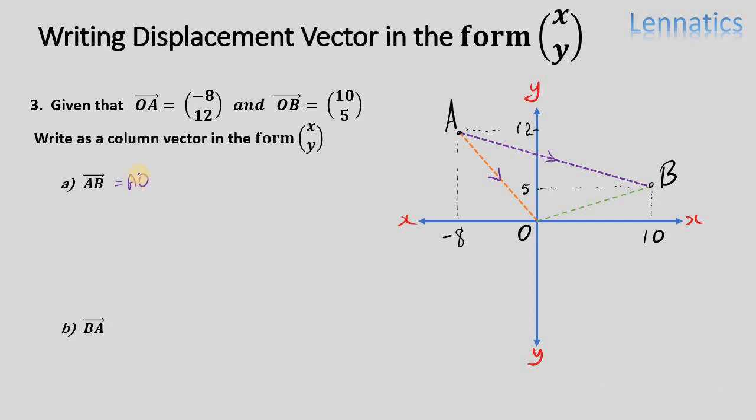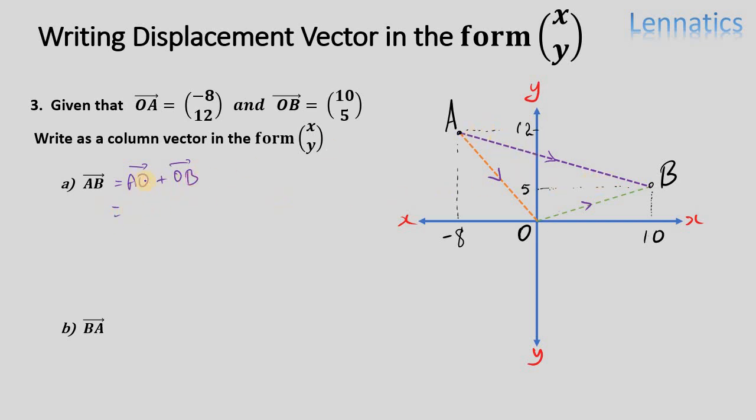Then we add vector OB, going from the transit point to point B. We add those two vectors to get the resultant vector, which is AB.